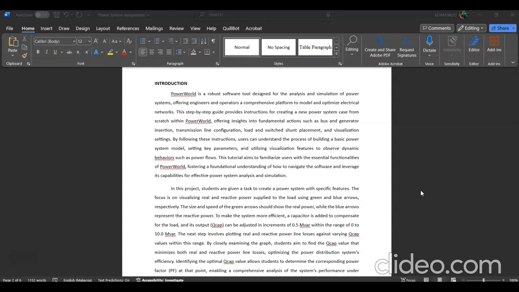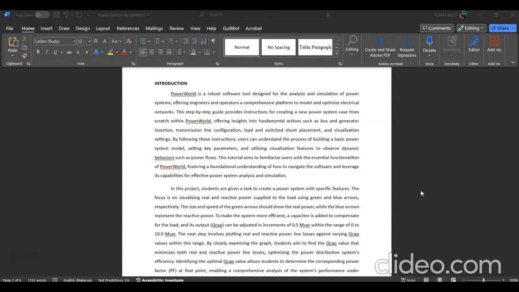By following this instruction, users can understand the process of building a basic power system model, setting key parameters, and utilizing visualization features to observe dynamic behaviors such as power flows.